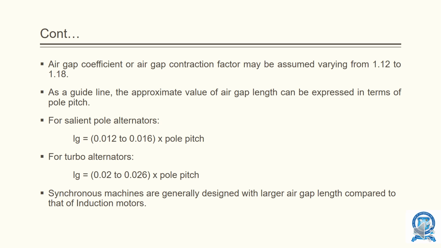And for salient pole machine, normally the ratio of length of air gap by pole pitch is equal to 0.01 to 0.015, and for synchronous motor it will be Lg by tau equal to 0.02. So using those relations we can select the value of Lg in such a way that it gives good performance of the machine. Thank you.